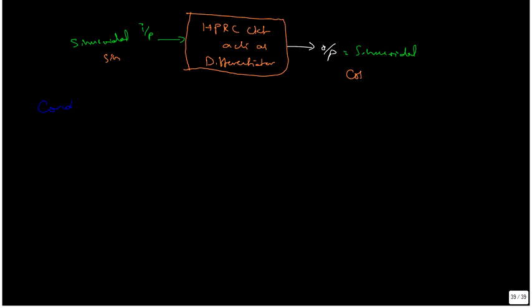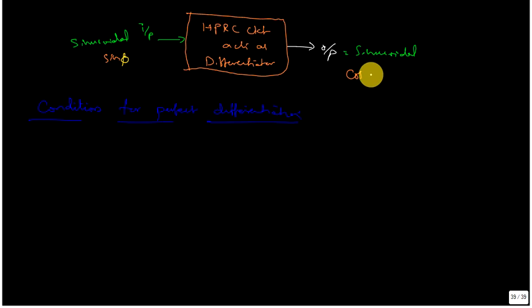Now we are going to discuss the condition for a perfect differentiator. When you apply a sinusoidal input, the output is also sinusoidal, but there may be a change in magnitude as well as phase. For example, you apply sin theta as a signal.